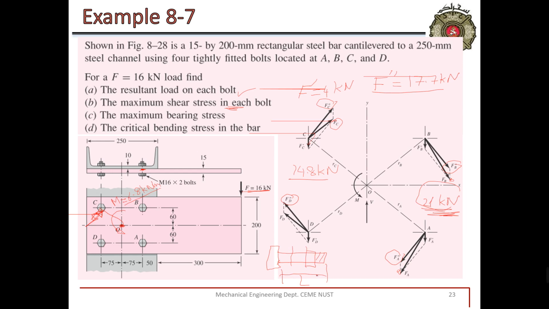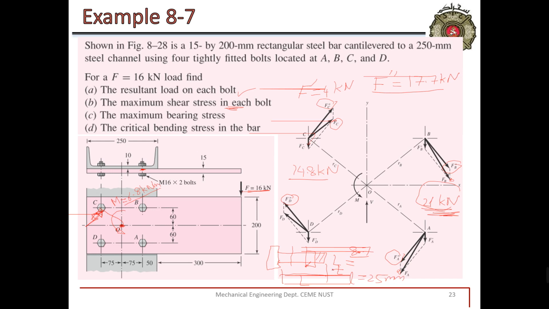Once we have the length of the bolt, from the chart we can calculate the length of the threaded portion, that we can use from table 8.7. Once we have the length of the threaded portion, we have the grip, which is equal to 15 plus 10, 25 mm. So L is 25 mm.